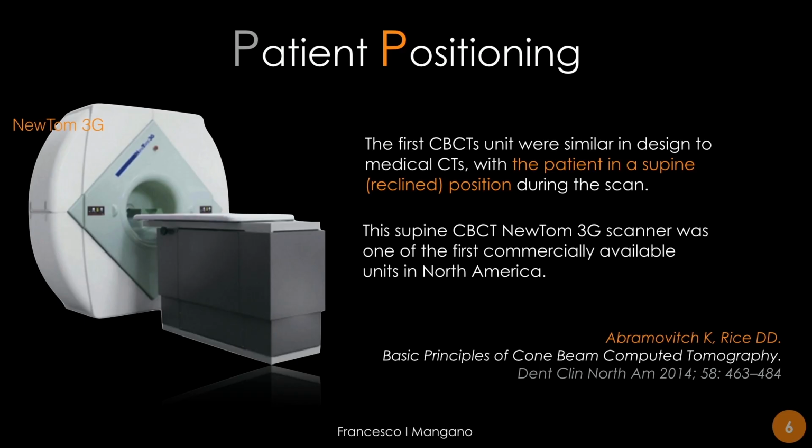And at the very beginning, with the first CBCT, usually the patient was in a supine reclined position because the first CBCTs looked like the medical CTs. So this is one example of one of the first CBCTs available in North America 20 years ago.